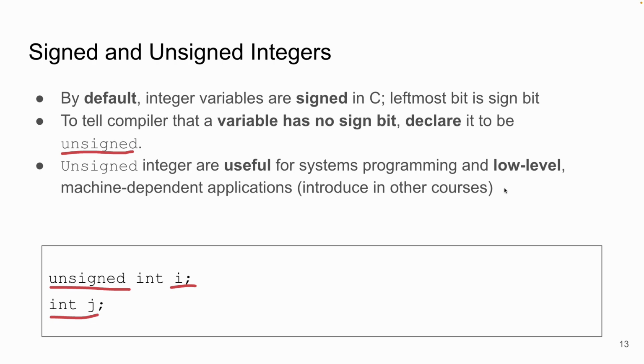Because with an unsigned integer, we don't need to remember that the leftmost bit is the sign bit. We can use the entire bit pattern to do low-level or bitwise computations. You will probably learn about this in other courses, like a course about digital design or another system programming course.